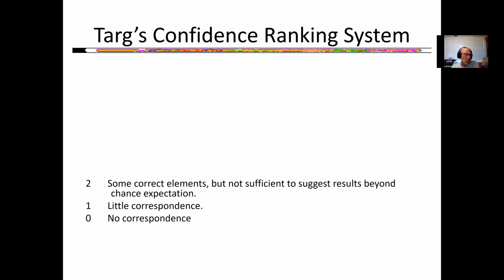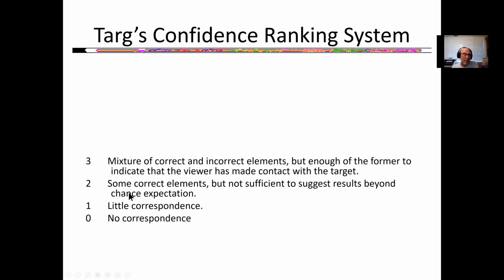Now, you just get a sense of this, even at the very beginning, what might only be chance plus what might be much stronger than that. Now, a 3 is a mixture of correct and incorrect elements, but enough of the correct elements to indicate the viewer has made contact with the target. So in Russ's system, this is like marginal.